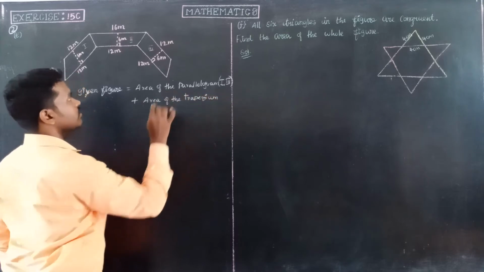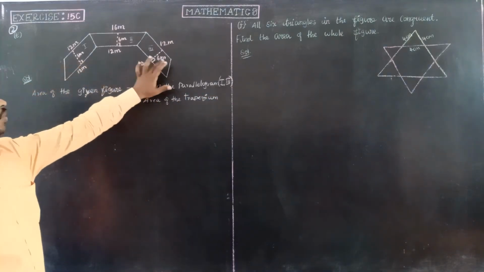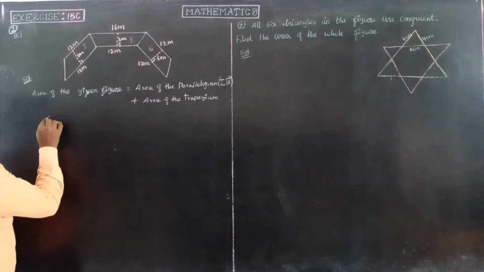Here the two parallelograms are equal in measurement, so I will find the area of one parallelogram.